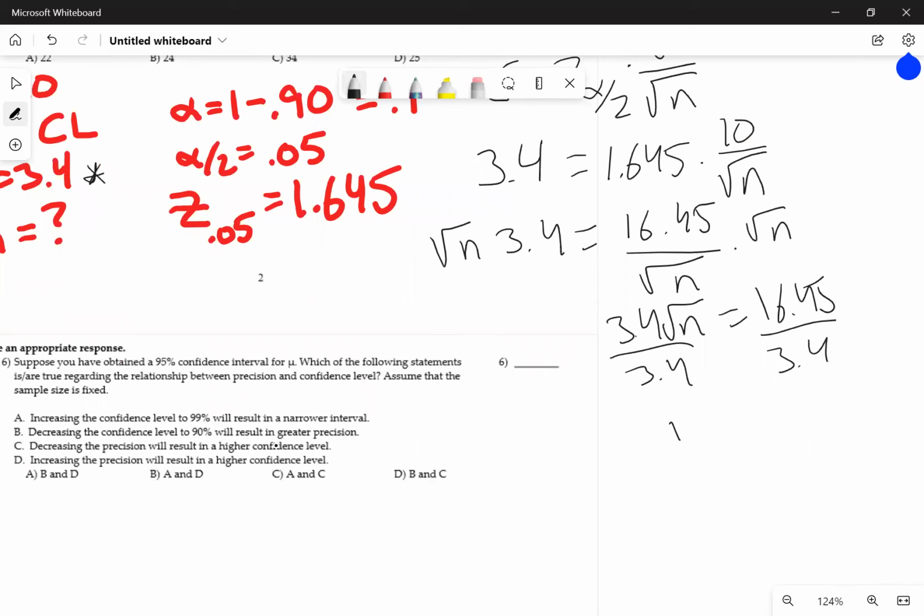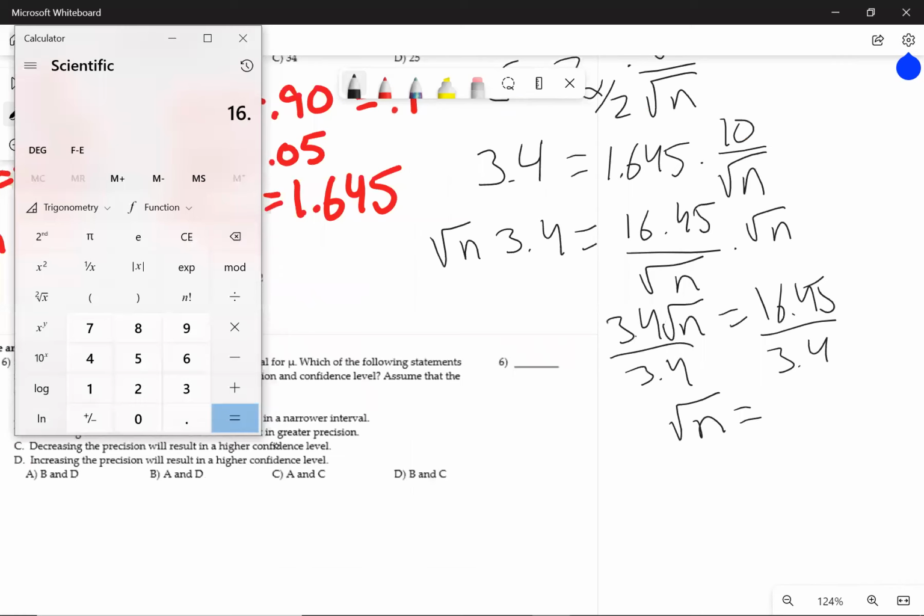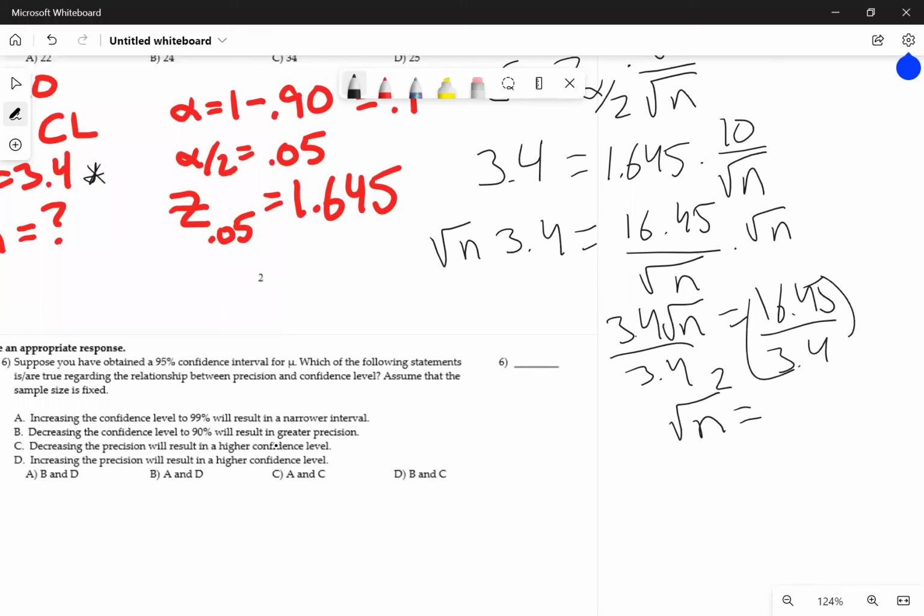The square root of n equals 16.45 divided by 3.4, which gives me that monstrosity, 4.838. But I know I have to square this in order to get n.